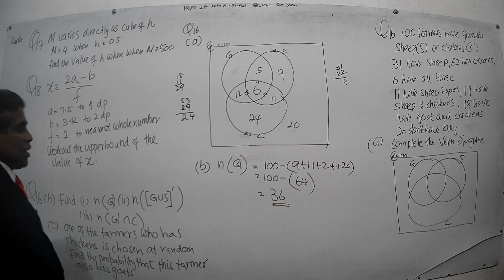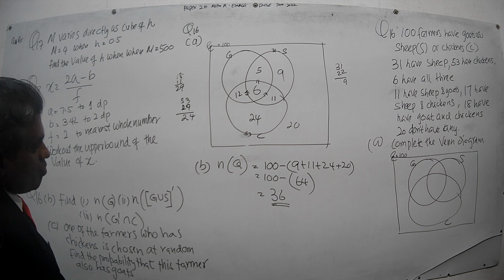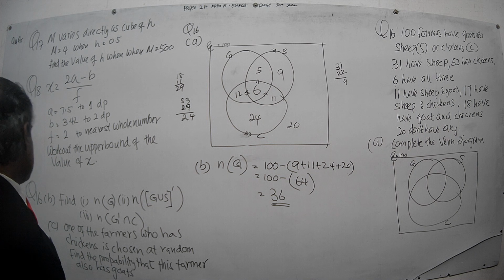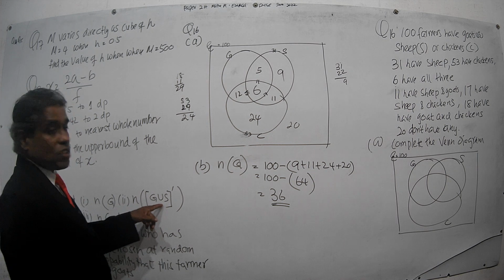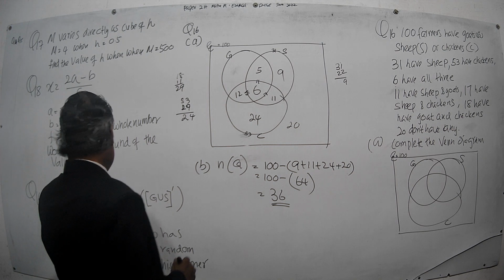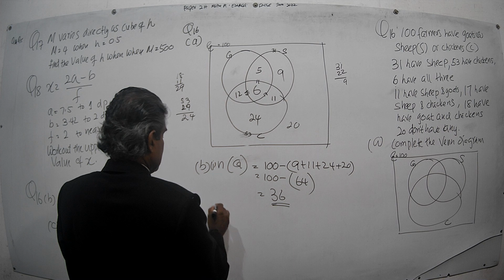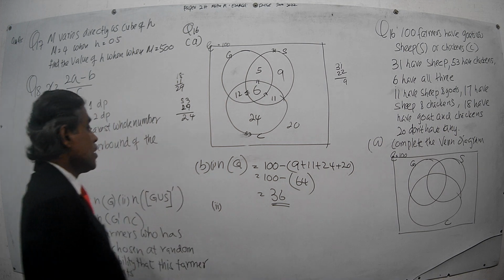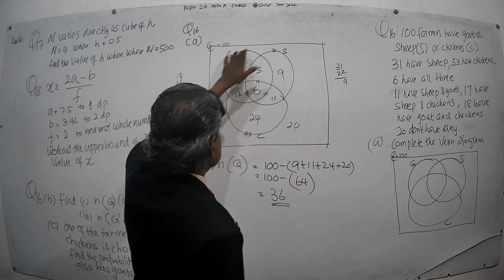Now we go to the next one. All right. Now they say n(G intersection S dash). This one dash. Then what is part B? Part B1 here, then part B2. Then we can fill this part. This whole thing is now 36.